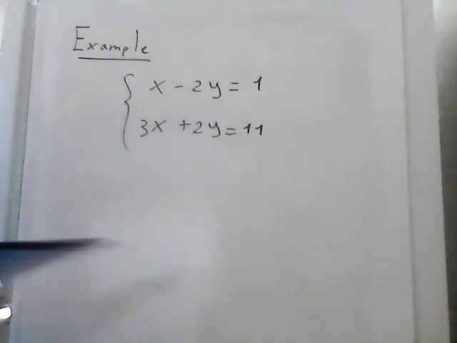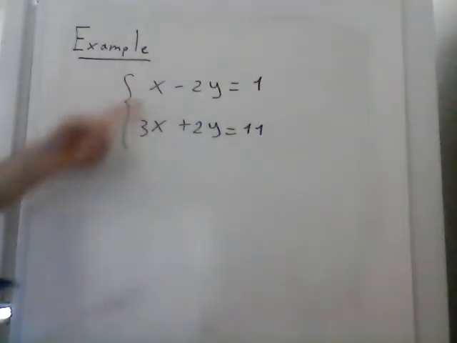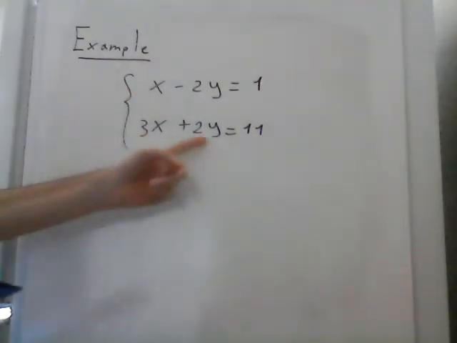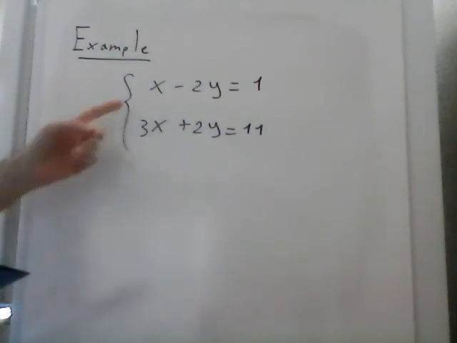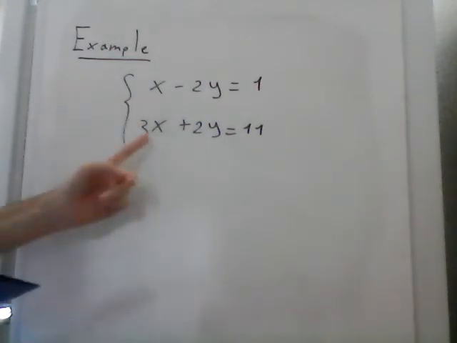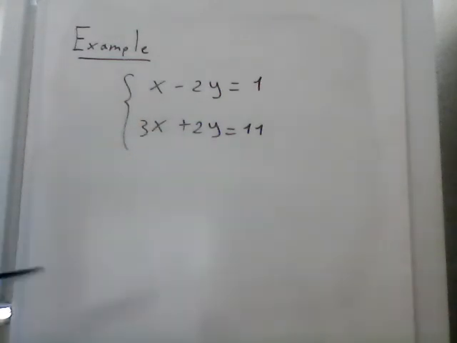Okay, so we have two equations. The first one is x minus 2y is equal to 1, and the second one is 3x plus 2y is equal to 11. Okay, so we have two linear equations. You see that the variables are only multiplied by numbers, and the equations have two variables, x and y.